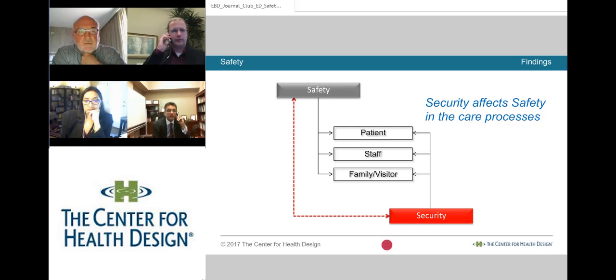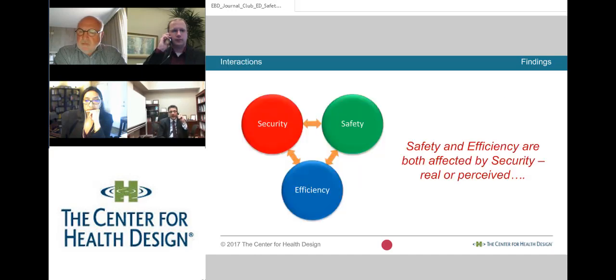So one, we have already mentioned that security and safety were related concepts, and anytime you have a security problem, it affects not only safety but also efficiency. You could think of it as a storm coming into your community, and as the storm hits, it has a ripple effect across the community, both in terms of safety of all the other processes, but also efficiencies across the operations.